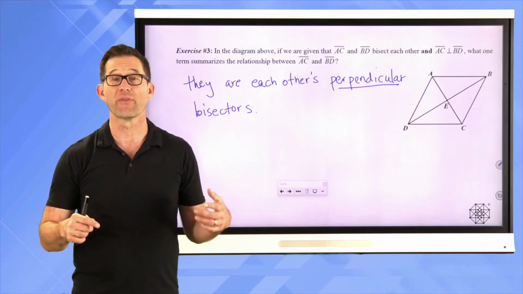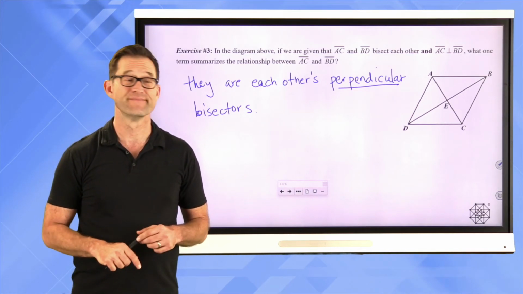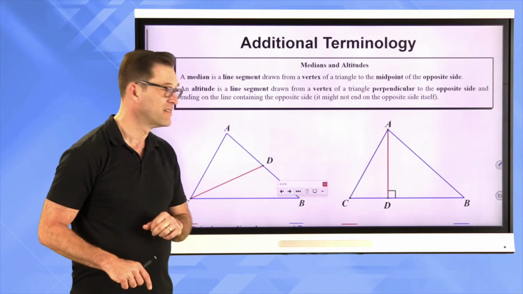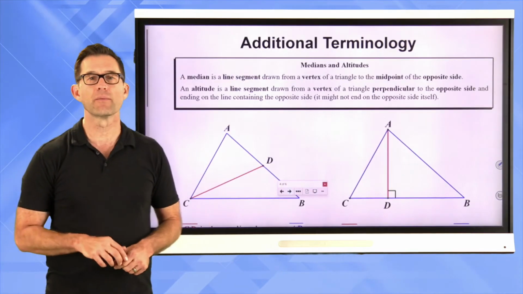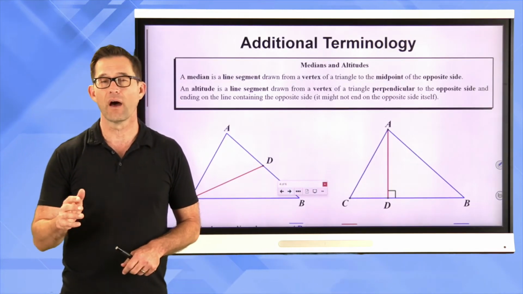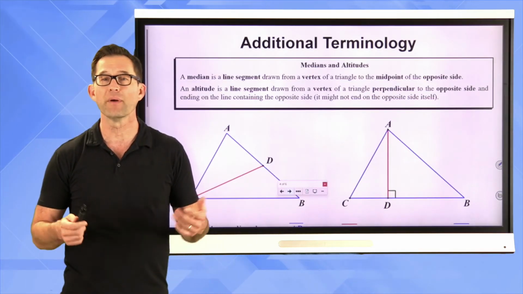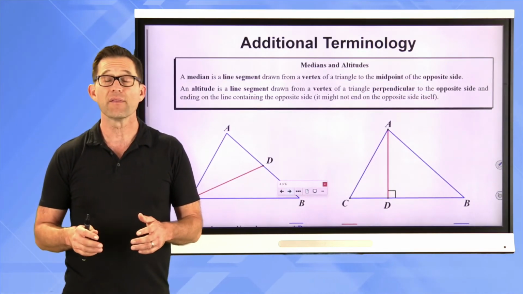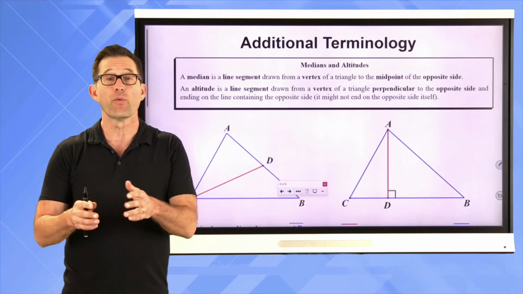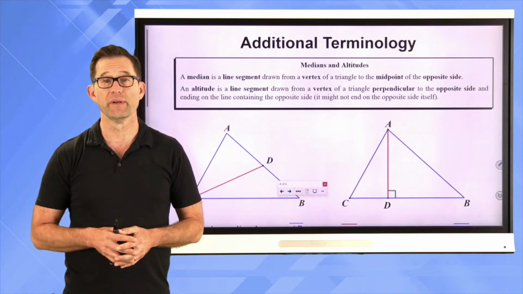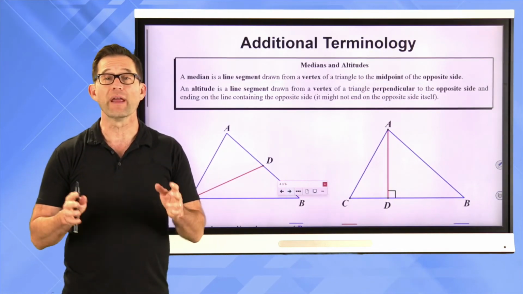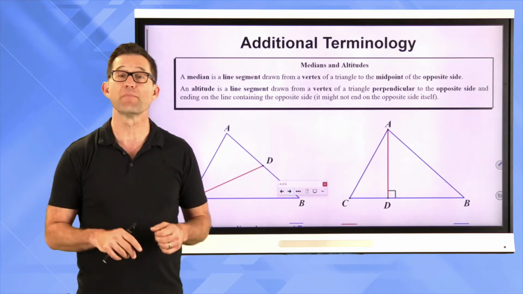Therefore, they are each other's perpendicular bisectors. All right. Now, there's some additional terminology that you've likely seen in other courses, but that is going to pop up in this course as well, and that we have to know so that if we are given these particular pieces of information, we can make the right inferences or conclusions based on it.